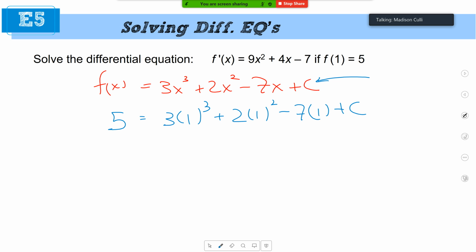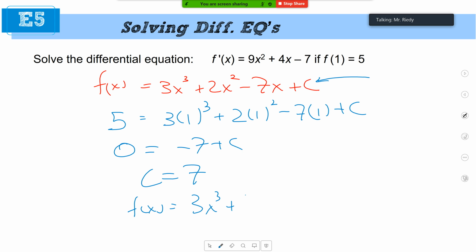I got 7. Okay, hold on. 3 plus 2 is 5. Subtracting 5 from the other side would give me 0. Minus 7. Yeah, I got 7 also. So therefore, f of x would be 3x cubed plus 2x squared minus 7x plus 7.